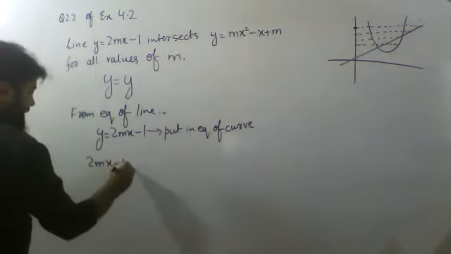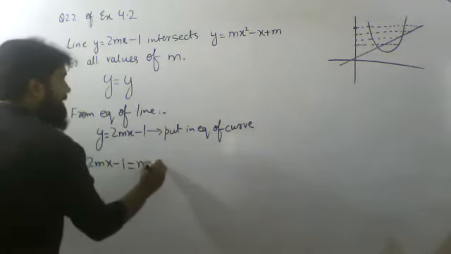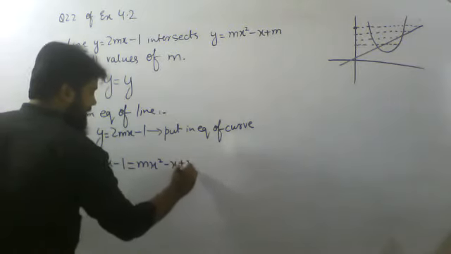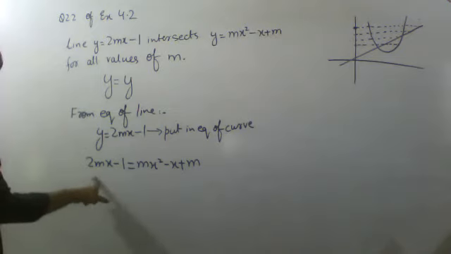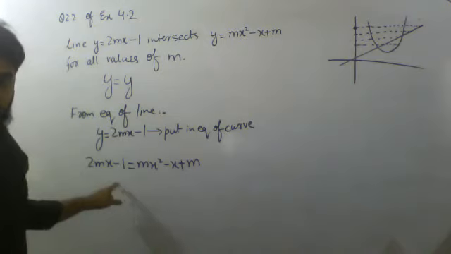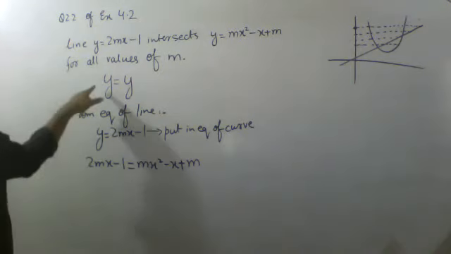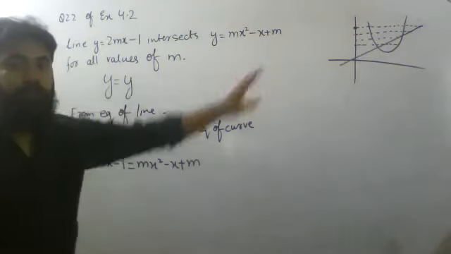So in place of y, I am going to write 2mx minus 1 equals mx square minus x plus m. Okay, this side is from the equation of line and this side is from the equation of curve, and they both are equal to each other because y equals y, as I have shown in that graph.